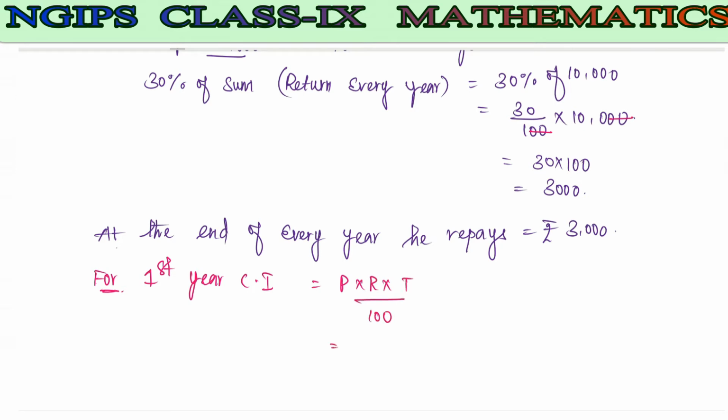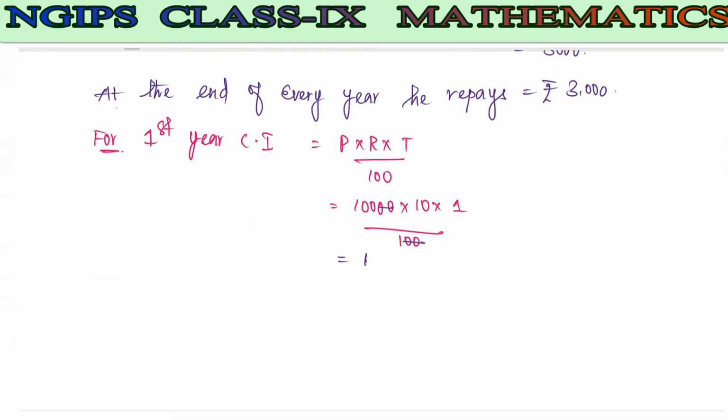Here we have principal 10,000, rate 10%, time 1, divided by 100, because here it is compounded yearly. So when you cancel those 2 zeros, left over here is 1,000 rupees. So this is the first year compound interest.